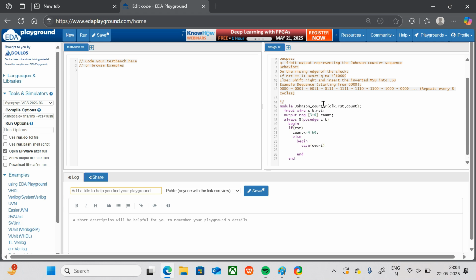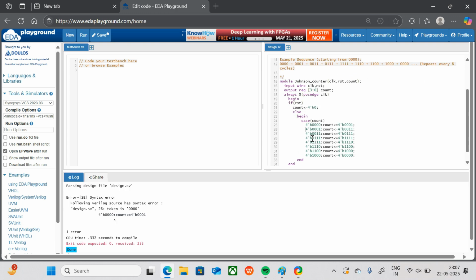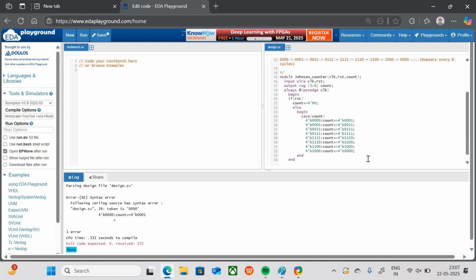Let's say whenever our value is 4'b0000, then your count value moves to 4'b0001. This is how you can consider it: whenever you have a count value of 0, your count value will move to 0001. Here I have listed down all the cases.